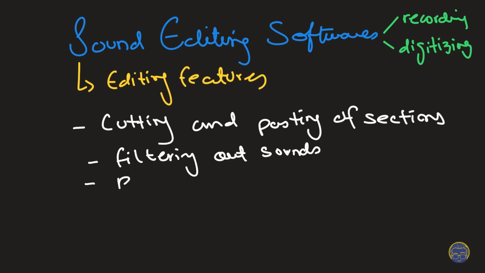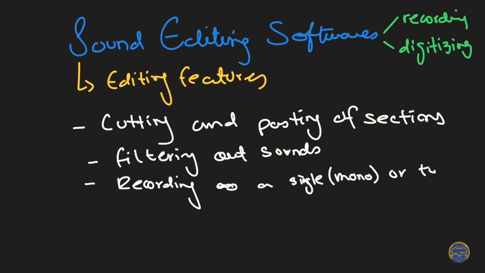Also to record as a single channel, that is mono, or two channels, that is stereo. So it is basically whether the sound is coming from one way or two different ways, to left and right.